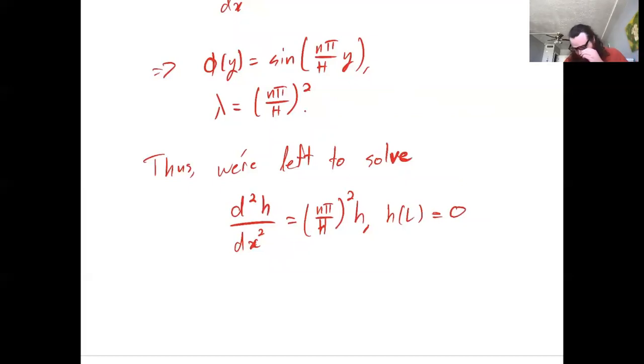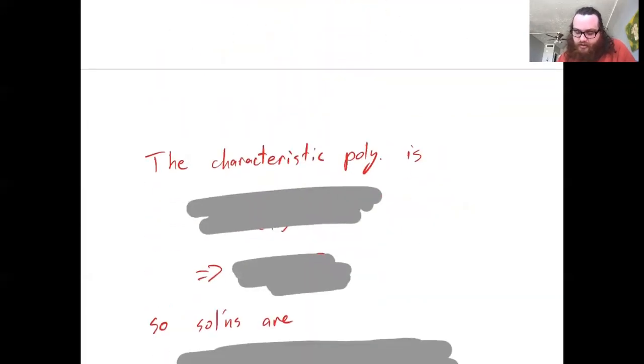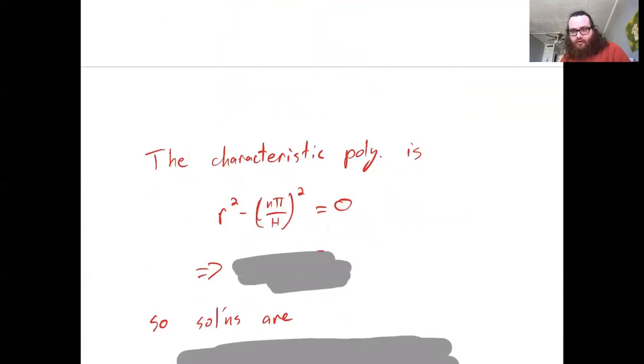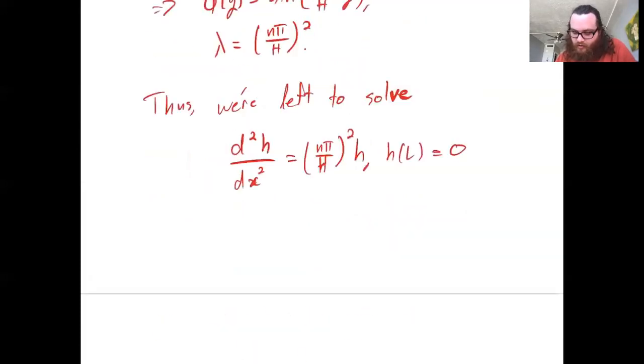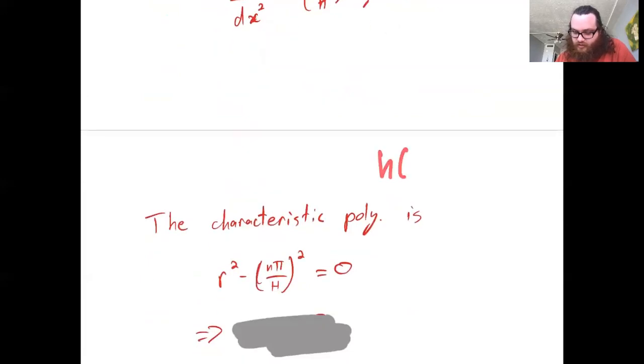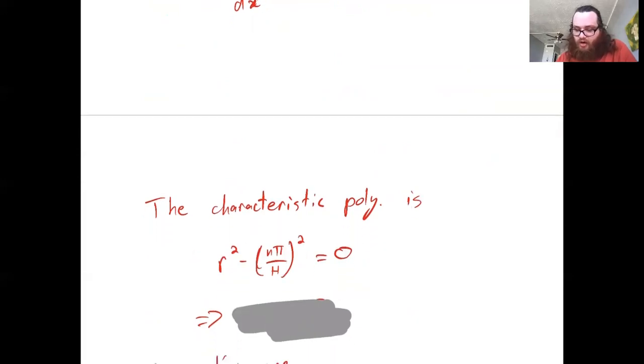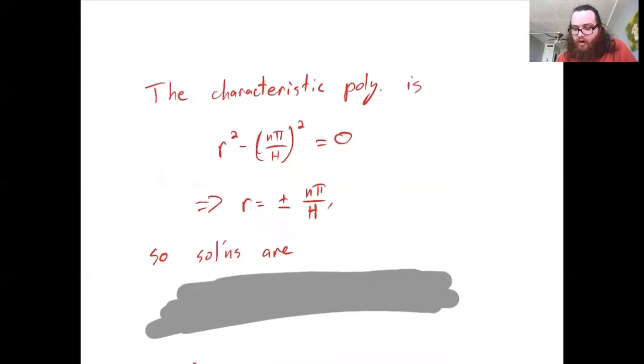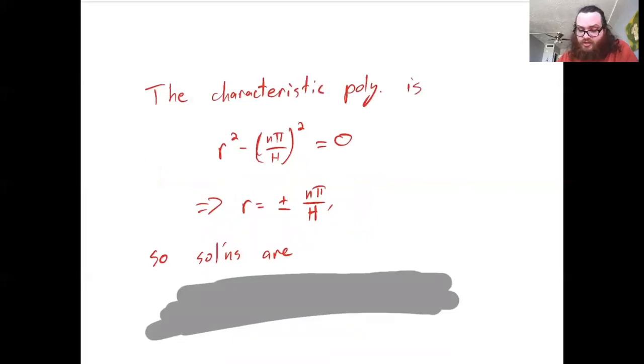However you want to go about it is fine. The technique I have written goes from scratch, but what we get is the characteristic polynomial for this ODE. If we're looking for solutions of the form h of x is e to the rx, here's a condition on that constant r, which results in r has to be plus or minus n pi over h.